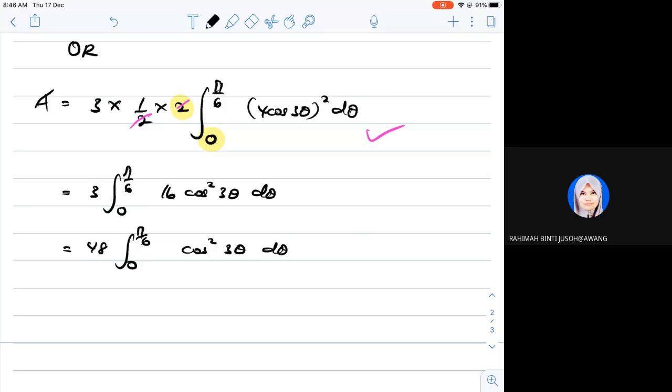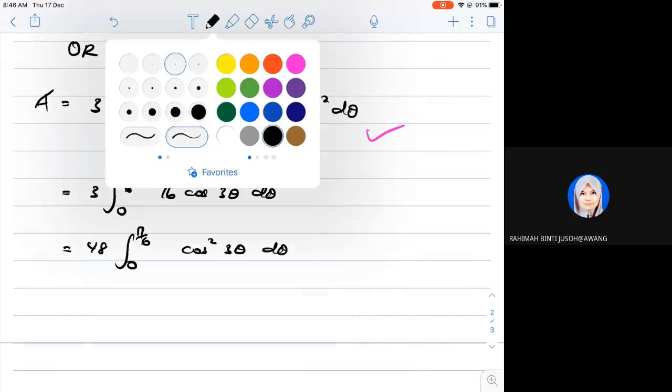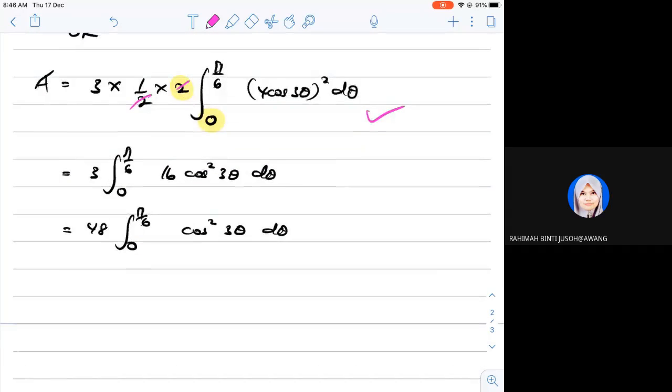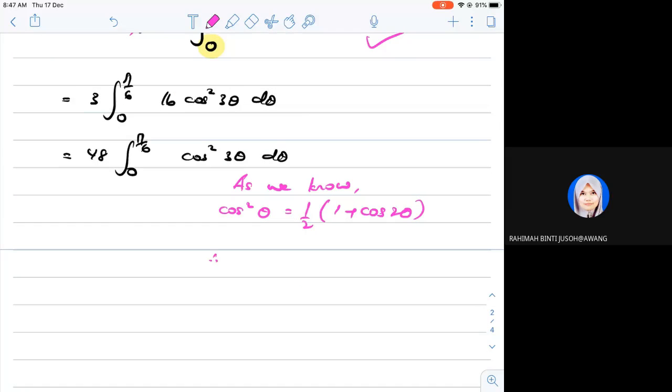We will use the double angle formula. As we know, if we have cos squared theta, we can use this in order for us to integrate: 1 plus cos 2 theta over 2. Therefore, in this case, we have cos squared 3 theta, so it becomes 1 plus cos of 3 times 2. Why?